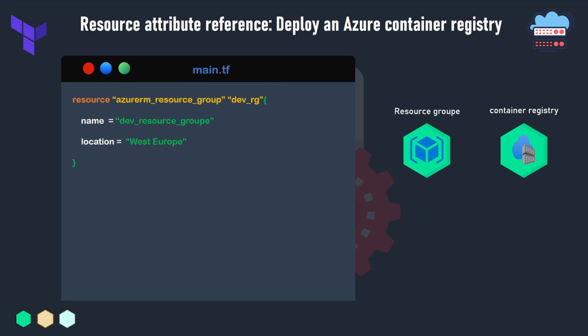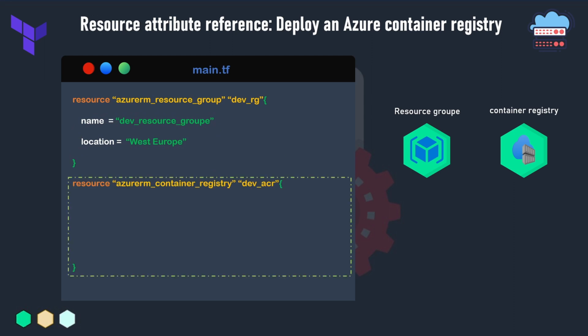Then we need another resource block of type azurerm_container_registry for creating a container registry in Azure. We give the name dev_acr to our resource, and inside the resource block, we will set the required arguments. First of all, we will set the name to dev-container-registry.